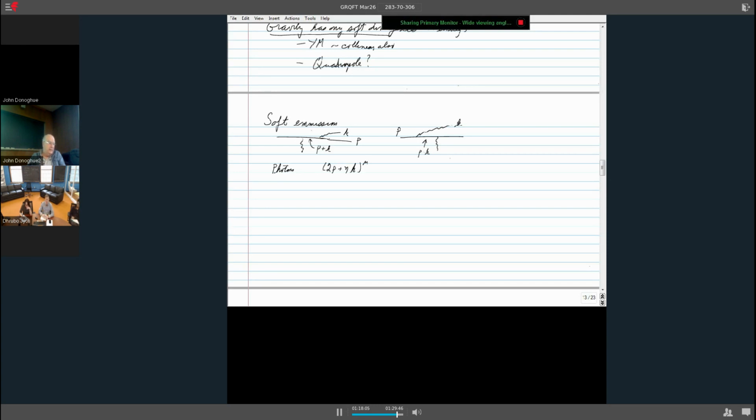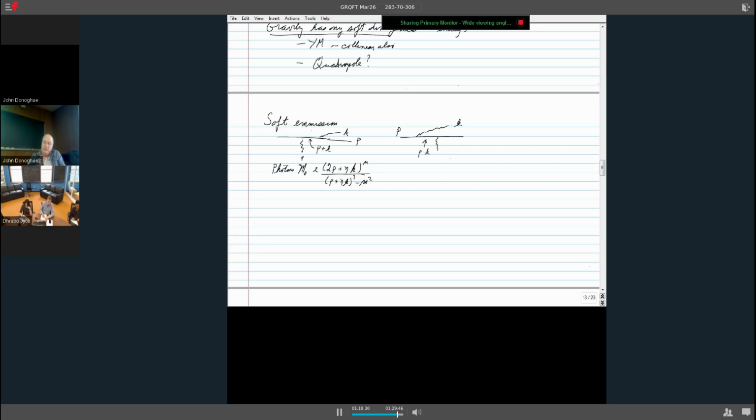For soft emission, we can factor things in the following way. So let's imagine we have a diagram of that. So this guy is A, and it's very soft.